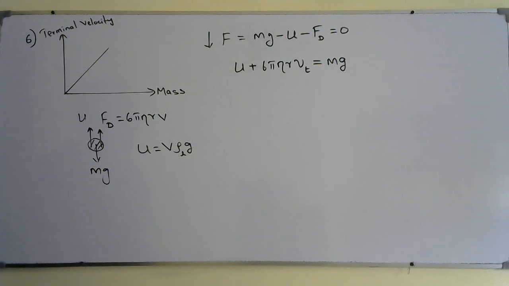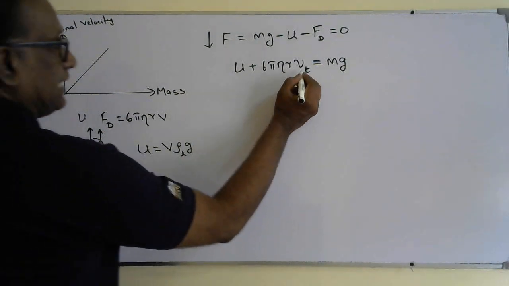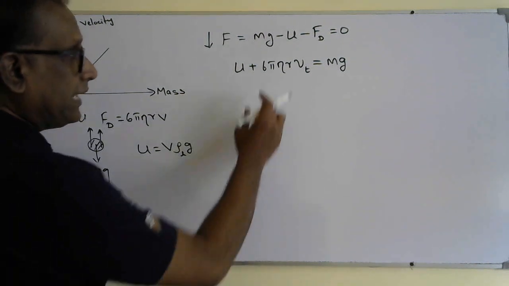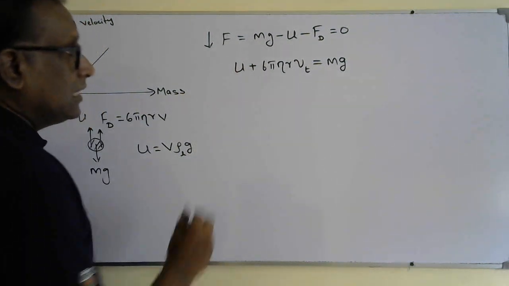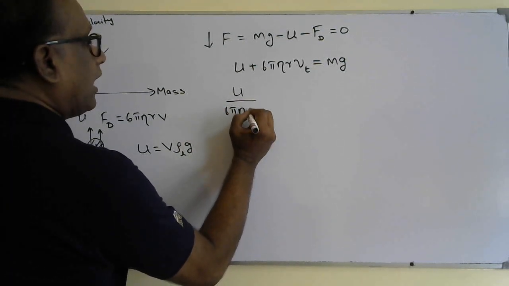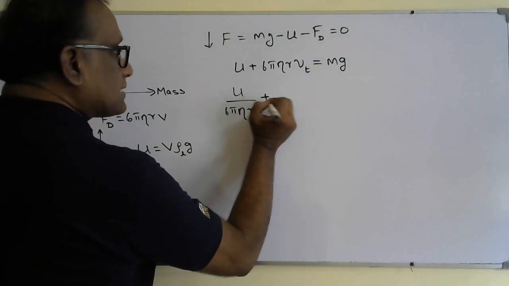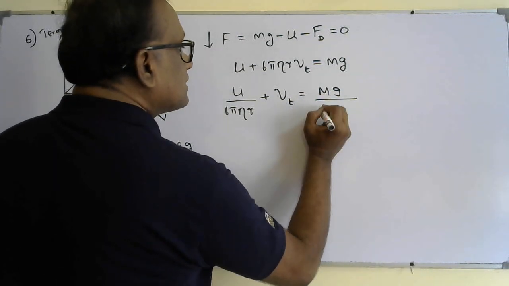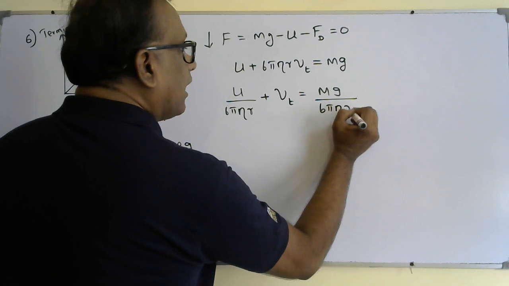At terminal speed, the forces are balanced. So I need to plot a graph of terminal velocity against mass. I should make Vt the subject, so I'll divide the whole equation by 6 pi eta r. That means U over 6 pi eta r plus Vt equals mg over 6 pi eta r.